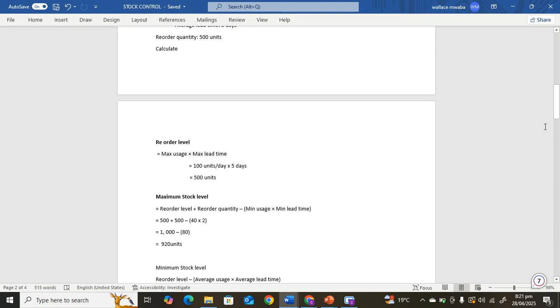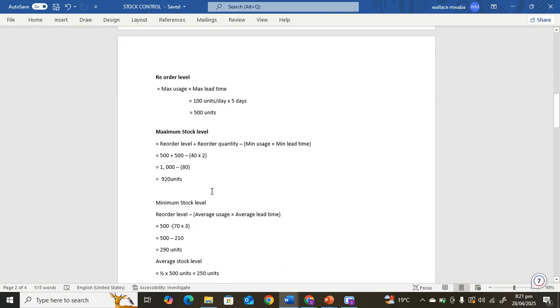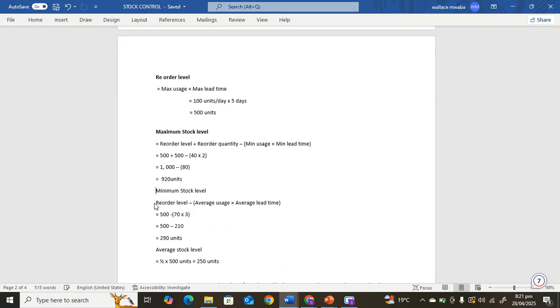Okay, we move to the next part. Minimum stock level. This is the least amount we should have in our shop. Reorder level minus average usage times average lead time. Our reorder level is 500 nails. Average usage, 70 nails are sold per day on average.